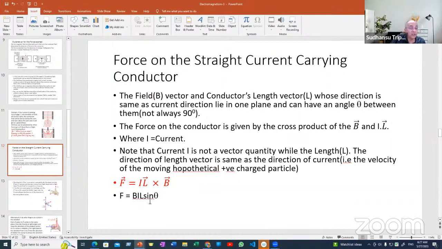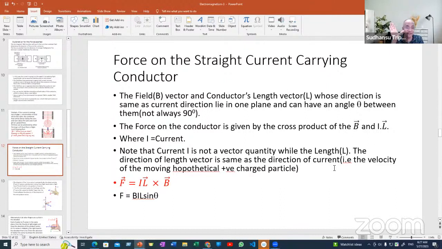And how to know the direction? Because I told you that the vector product of two vectors is itself a vector quantity. So the direction of the product can be known again by the right hand rule. There is another right hand rule to know the direction of the product vector.